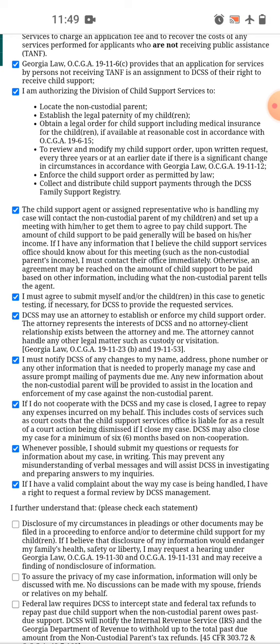The attorney represents the interests of DCSS, and no attorney-client relationship exists between the attorney and me. See, the attorney doesn't even work for you. Doesn't even work for the baby mama. They're actually working for DCSS. Of course, DCSS is connected to the state, so you already know it's generating money for the state.